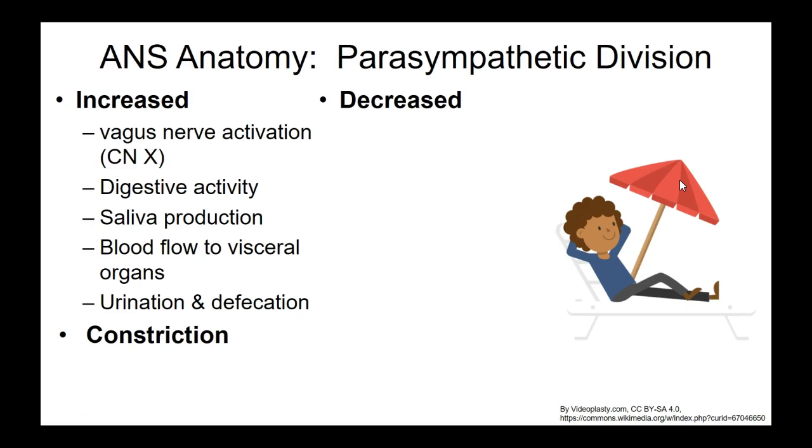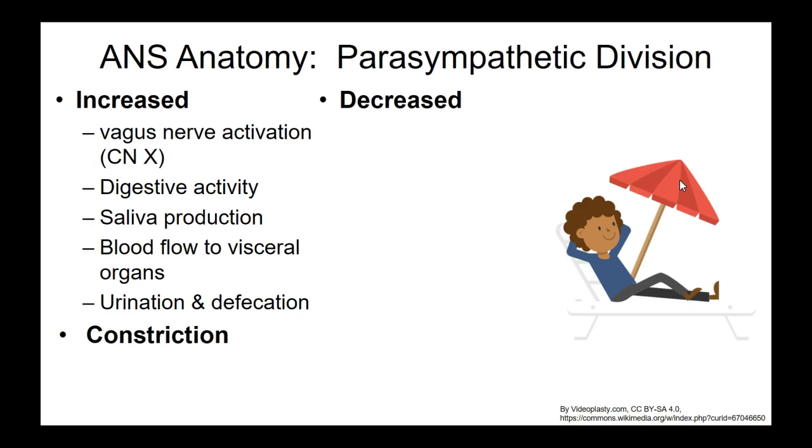And in order to increase the capacity to do that, we have increased blood flow to a lot of these visceral organs, including the intestines. Also, urination and defecation are elevated. So if we increase digestive ability, we're increasing motility and also absorption rate. So not surprisingly, we're increasing urine formation and then also generation of the fecal matter in the end.